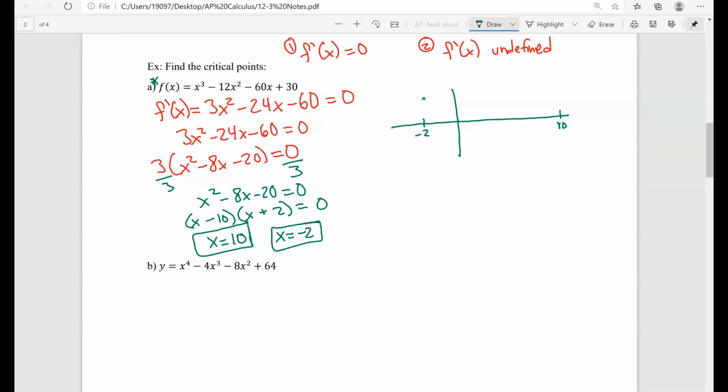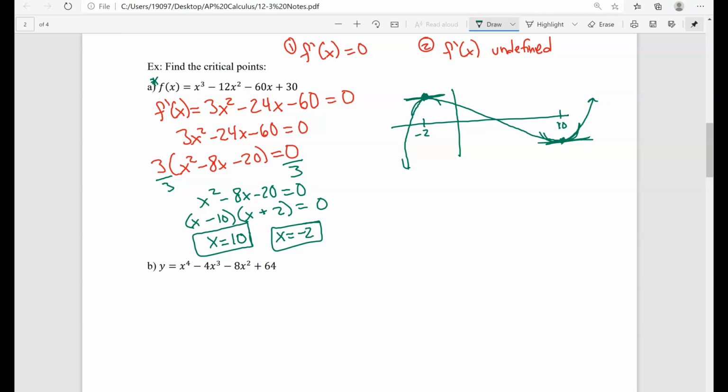So maybe the graph looks like this. I'm not sure. Maybe the graph goes like that, and then maybe it goes like that. I don't know what this graph looks like, I'm just making this up. But this is kind of what it's saying. At this point, you have a horizontal tangent, and at this point, you have another horizontal tangent. Okay, that's what this is saying. So I was able to find the bumps of this particular graph.